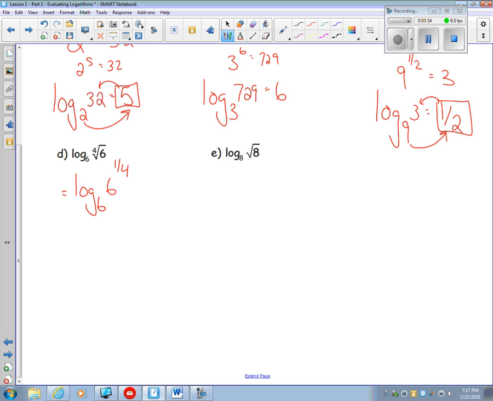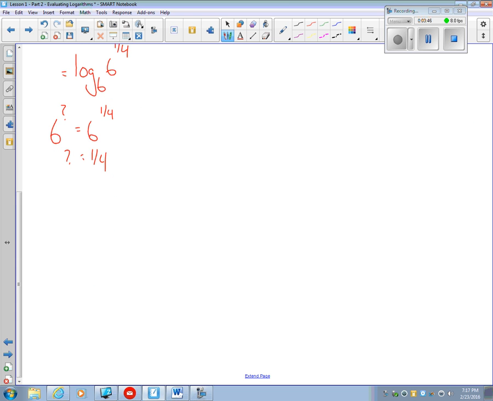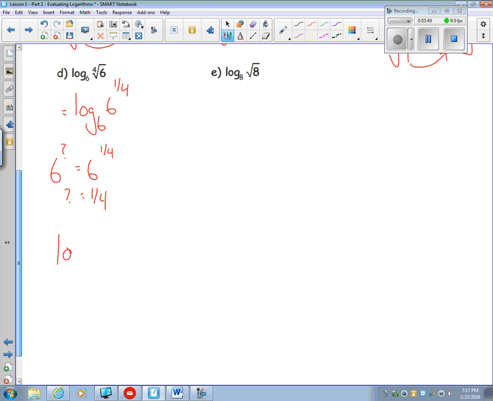So now I'm thinking to myself, 6 to the power of what comes out to 6 to the power of 1/4? Well, that seems pretty obvious. That question mark has to be a quarter, right? So in other words, going back to the question, log base 6 of 6 to the 1/4 is 1/4.